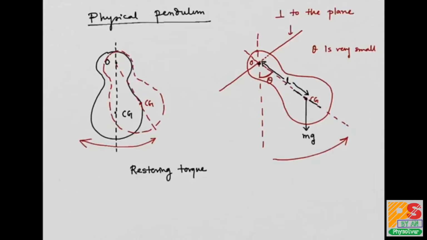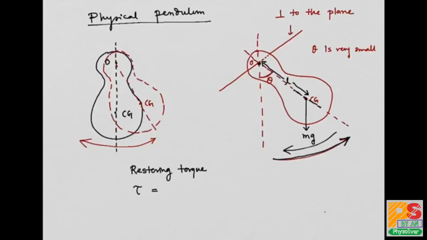Because the applied torque rotates the body like this, and this torque due to mg will try to rotate the body in the opposite direction, right? So this is restoring torque. Restoring torque will be entirely due to mg, because all other forces acting on the body will pass through the point of pivot.